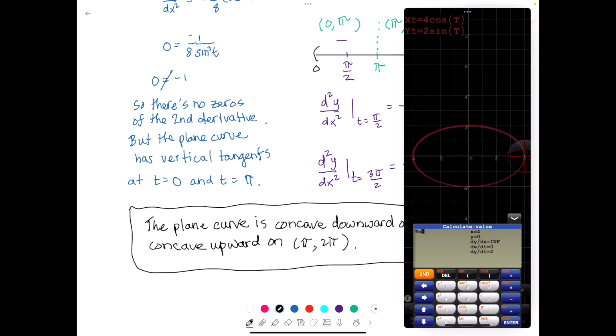Okay, so when I just plugged in t equal to 0, x is 4 and y is 0. And so this is how the orientation will go.